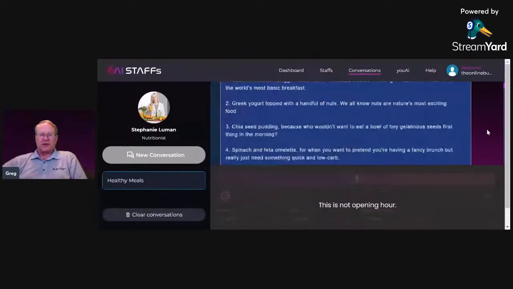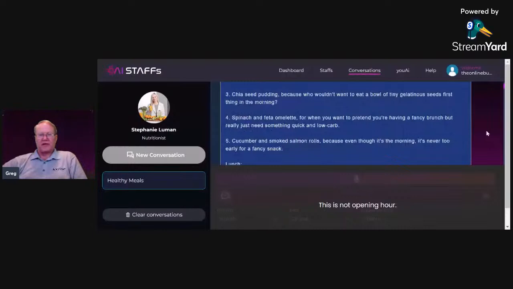We all know nuts are nature's most exciting food. Chia seed pudding, because who wouldn't want to eat a bowl of tiny gelatinous seeds first thing in the morning? Spinach and feta omelet, for when you want to pretend you're having a fancy brunch, but really just need something quick and low carb. Cucumber and smoked salmon rolls, because even though it's morning, it's never too early for a fancy snack.